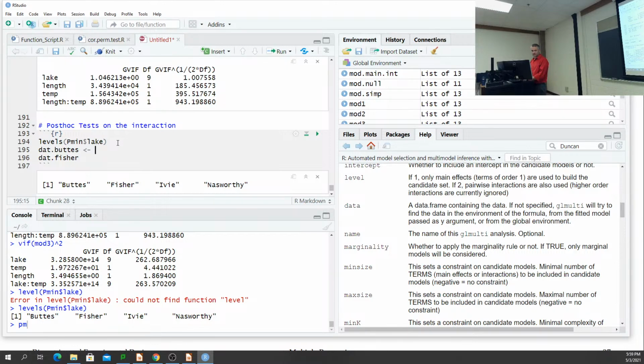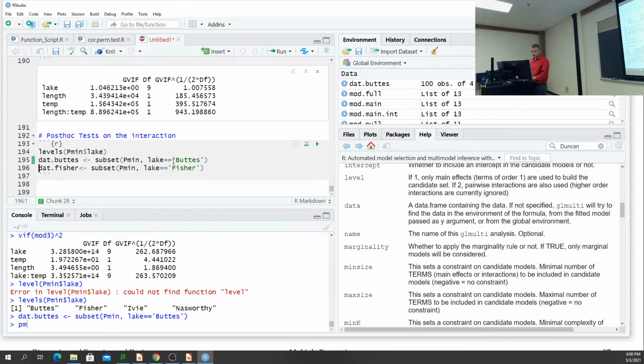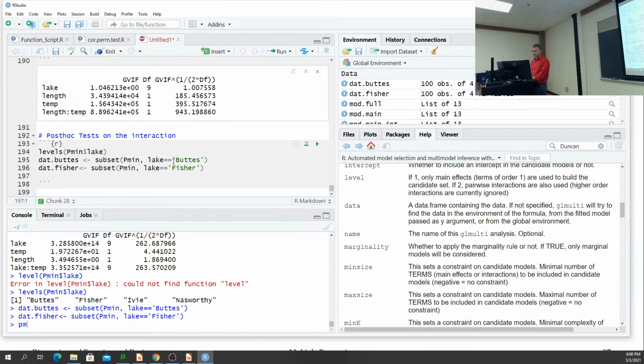I won't do everything, but I'll make a subset of my pmin data set where lake is equal to Buttes, and then make a subset where lake is equal to Fisherman. And you would do it for Ivy and you would do it for Nazareth.